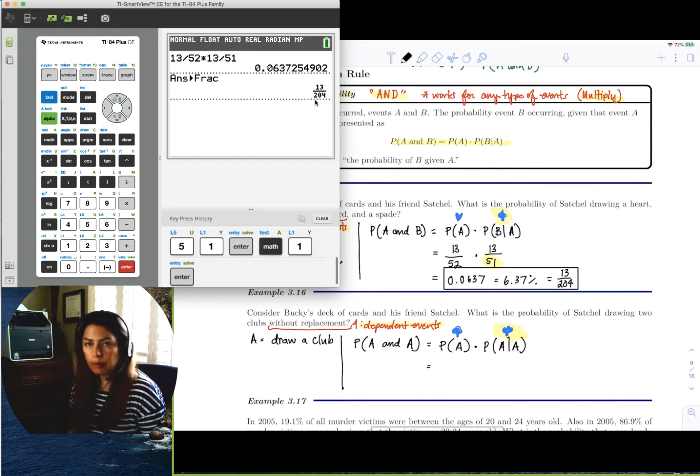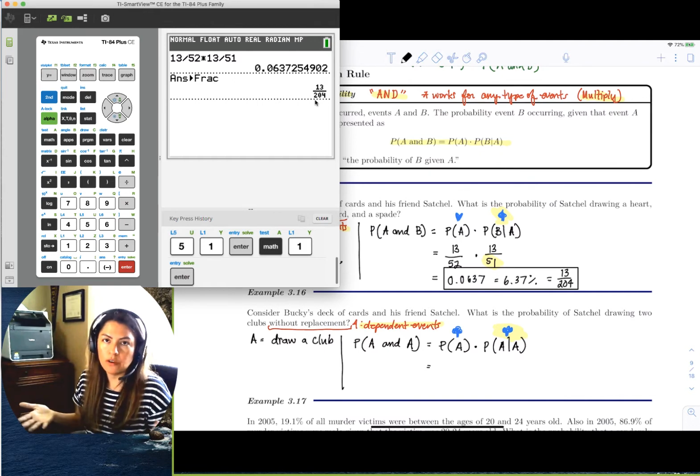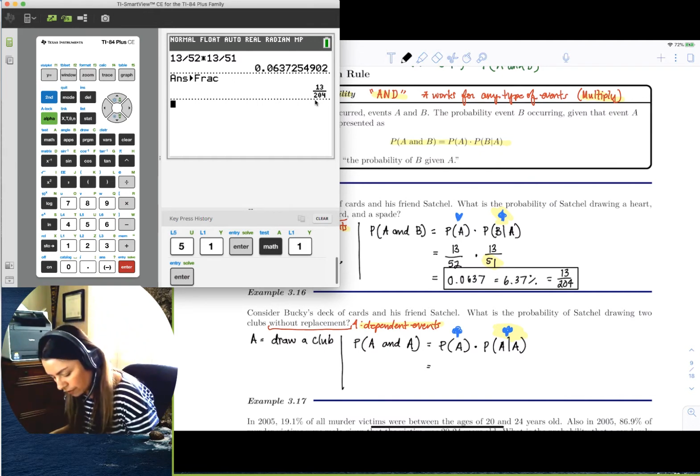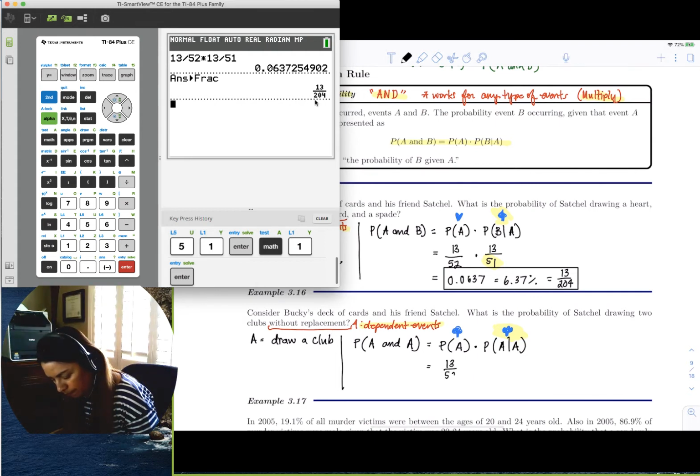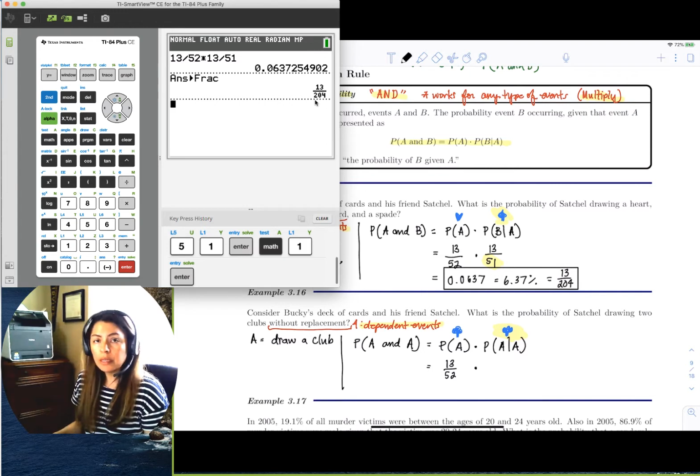So what's the probability that Satchel draws the club on the first draw? Just as you have 52 cards, and a suit is 13, so that's 13 out of 52, times the probability he's going to draw a club again on that second draw, given he already drew a club.